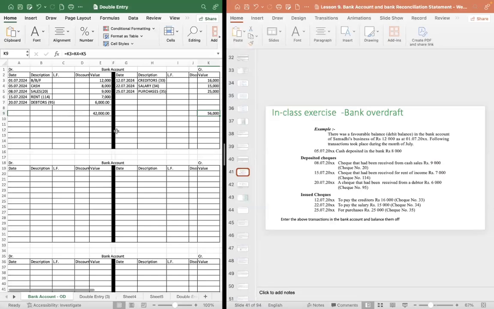If you observe here, the debit balance is 42,000, whereas the credit balance is 56,000.